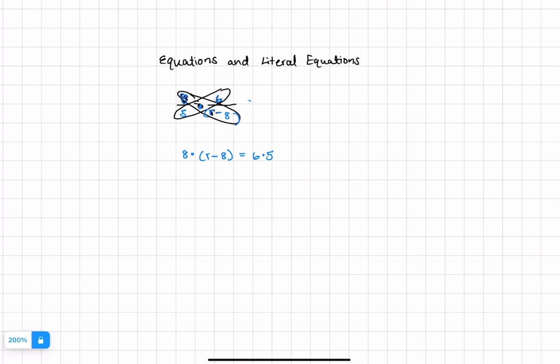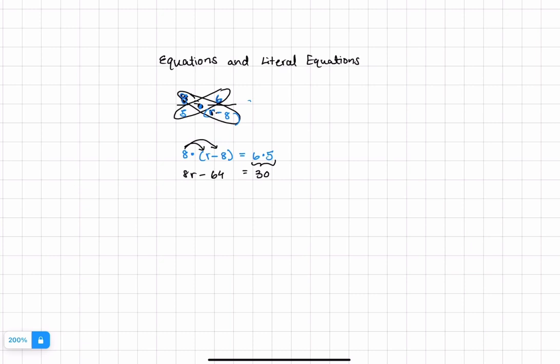So we know that 6 times 5 is 30. And we can distribute the 8 on this, so 8r minus 64 equals 30.